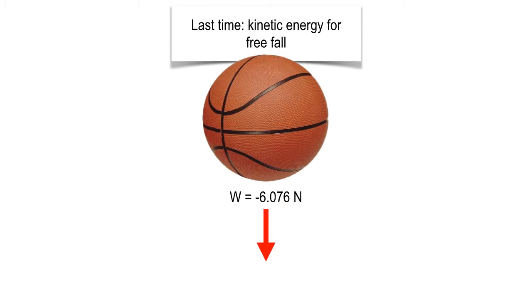Now, in lecture 15, we talked about kinetic energy and free fall for a basketball. And then in homework, Tuesday night and Wednesday night, you were to calculate the speed of a falling basketball at a certain height.